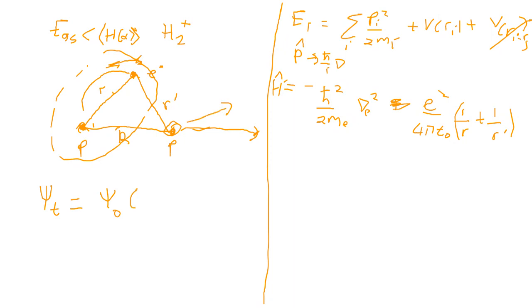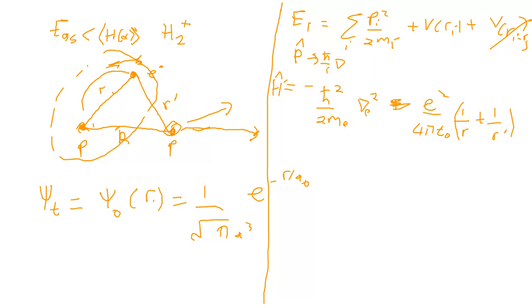So your first guess for the trial wave function would be just go ahead and use the trial wave function for hydrogen, which let's say you know by now is given by 1 over square root pi a cubed, e to the minus r over a naught. This might be correct, but you can go ahead and try to use this trial wave function. But we are not treating this entire system in a symmetric manner.